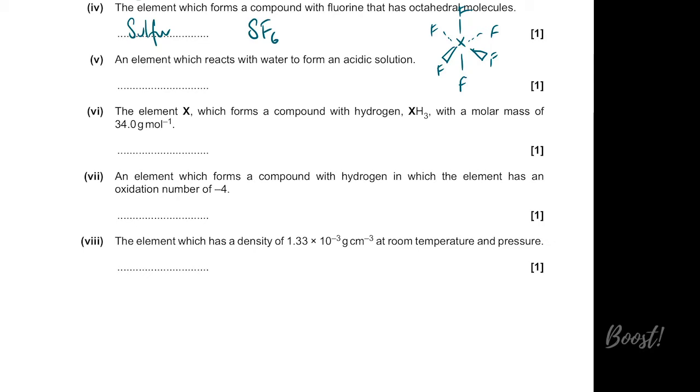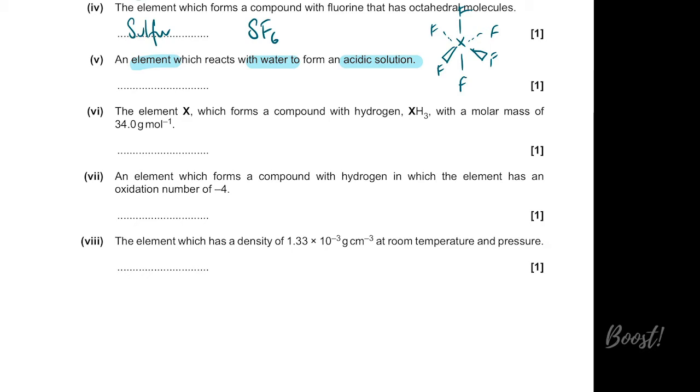Cool. An element which reacts with water to form an acidic solution. Okay, so here we want to think about what elements will react with water or even dissolve in water, and if they do, which ones will form an acidic solution. If you have no idea at all, the first thing I would do is think about what things dissolve in water, and hopefully you'll remember that metals don't dissolve in water at all.